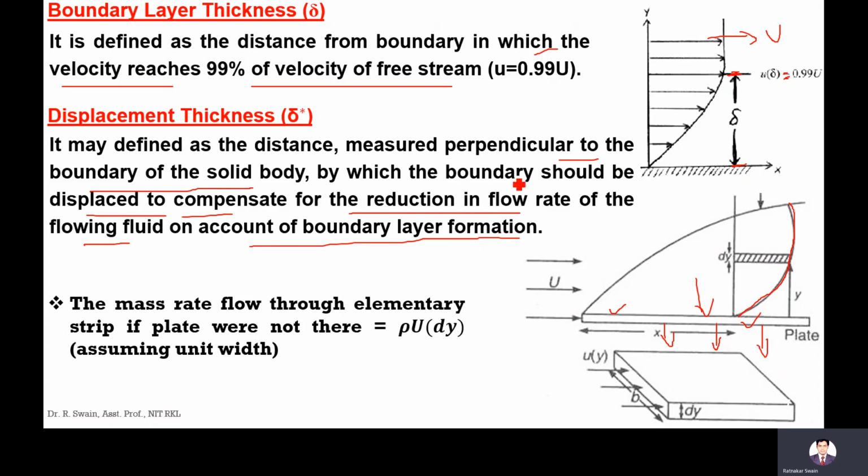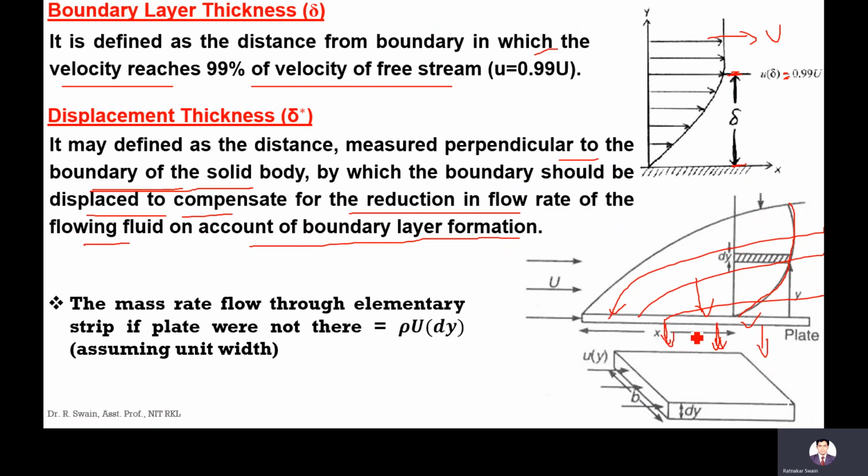Again I am repeating that it is measured perpendicular to the boundary of the solid body, by which the boundary should be displaced, so that it can compensate for the reduction in flow rate of the flowing fluid. That displacement is called displacement thickness.